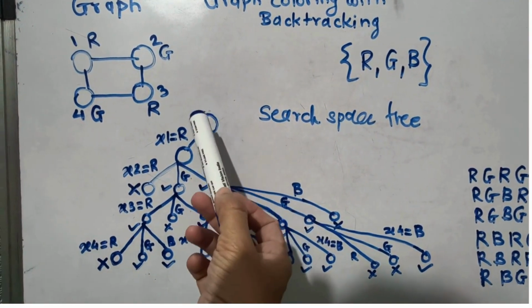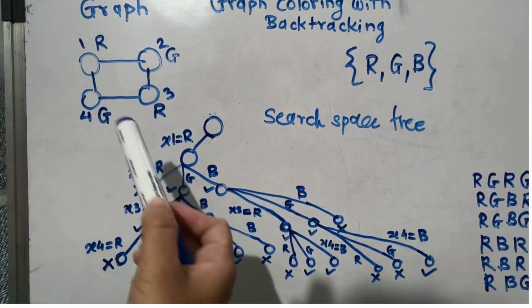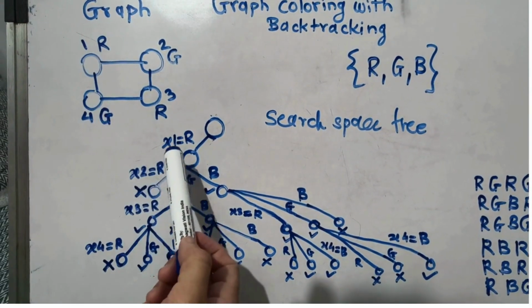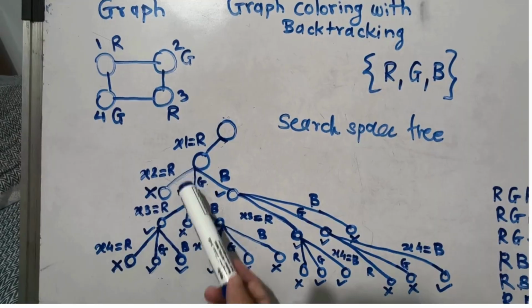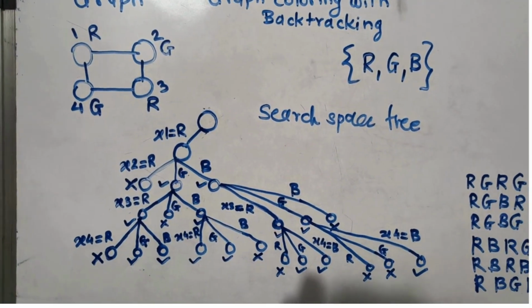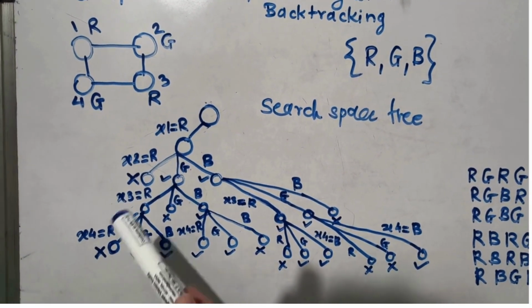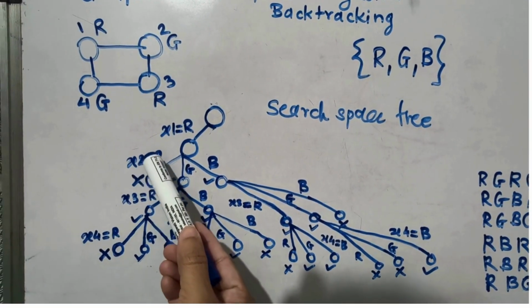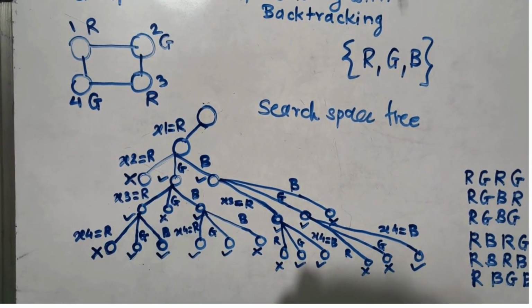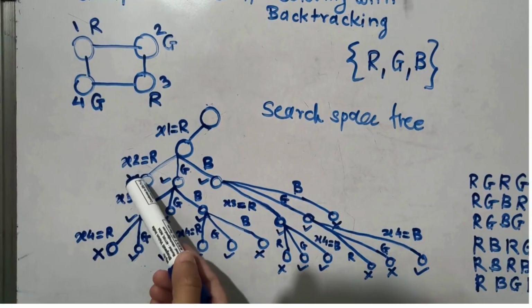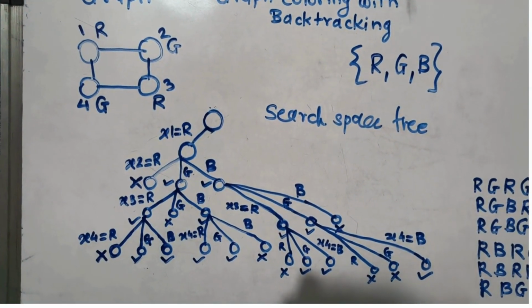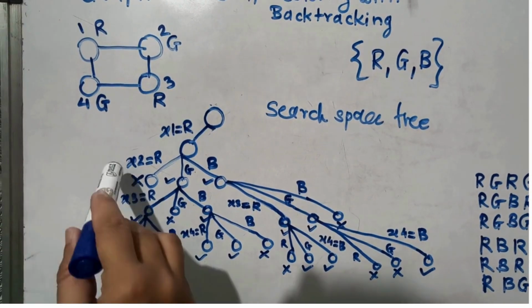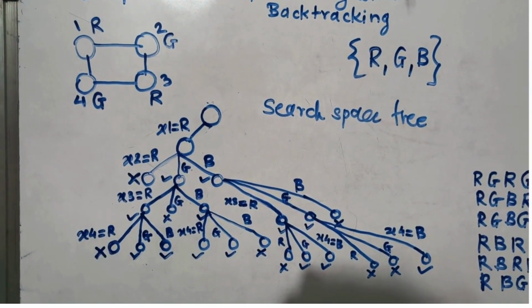So we will start with the first node, x1 equal to R. If we give color red to this first node, then we will check for the next node x2, which color we can give to the x2 node. If we give red color to the x2 node in the next step, is it possible? No, because we already have red color, and no adjacent node should have the same color. So we will make it a cross in this search space tree.